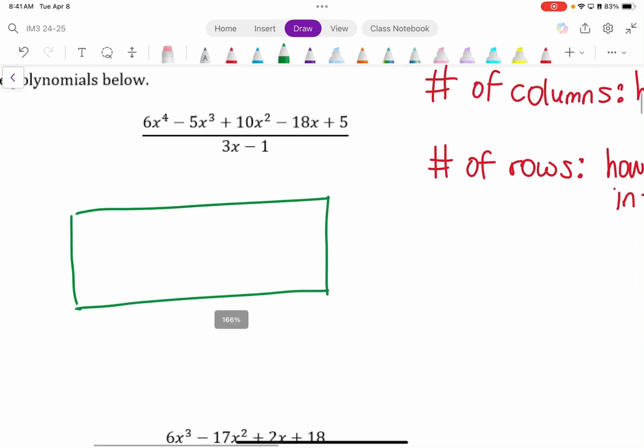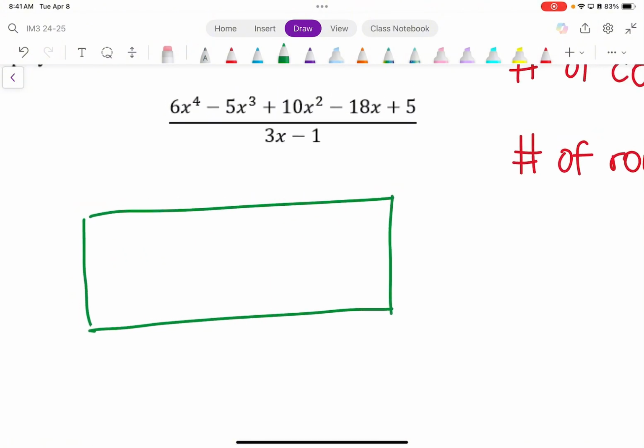Now I want to figure out how many columns I need for this area model. I look at my equation. What is the highest power in the equation? 6x to the fourth, where the highest power is the number 4. Does everyone see that? So that is telling me that I need a total of 4 columns. Remember that columns are vertical.